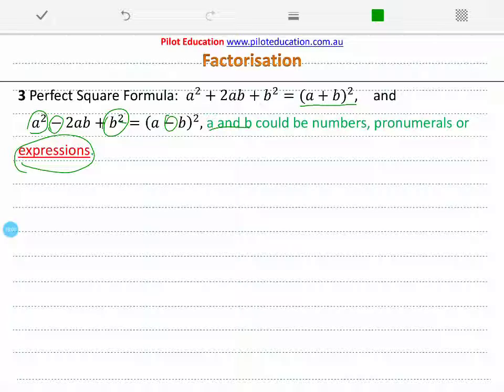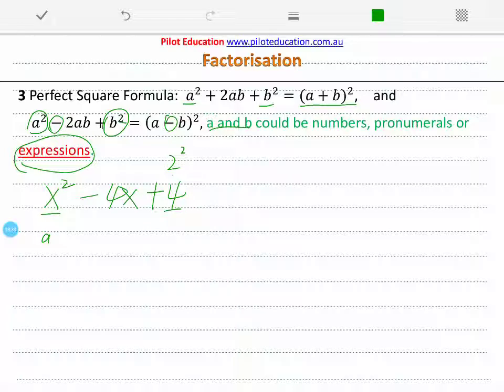Let's give an example here: x squared minus 4x plus 4. If that fits the perfect square formula, then x would be a in the formula, and 4 should be something squared. We rewrite it as 2 squared, so 2 should be b here. Then the middle term should be either a positive or negative 2ab.